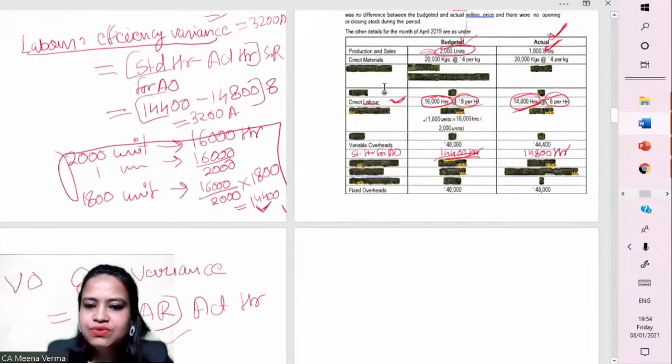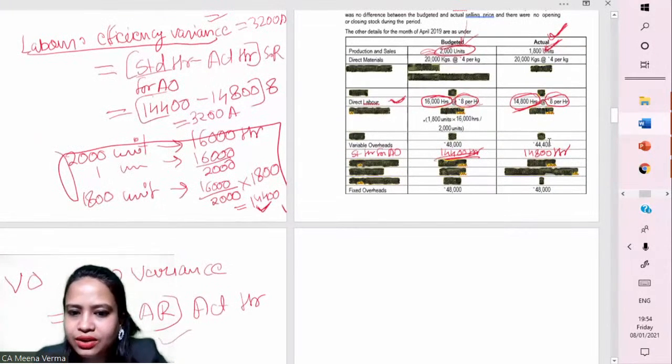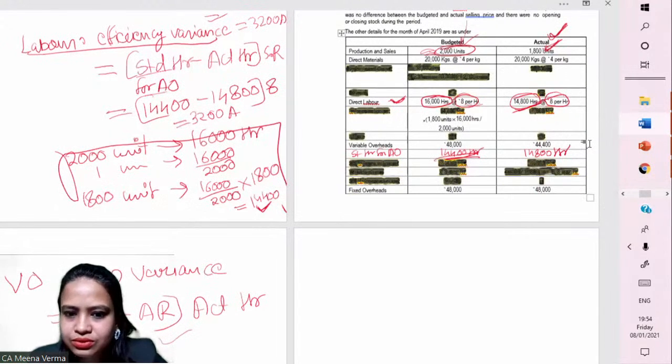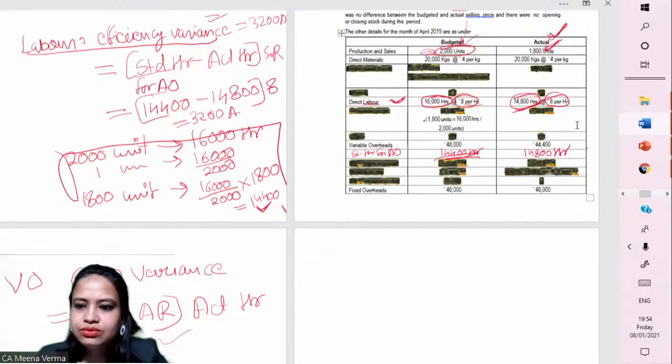Standard rate means we want to find the rate per hour. We don't have this rate per hour, so we have to find it.